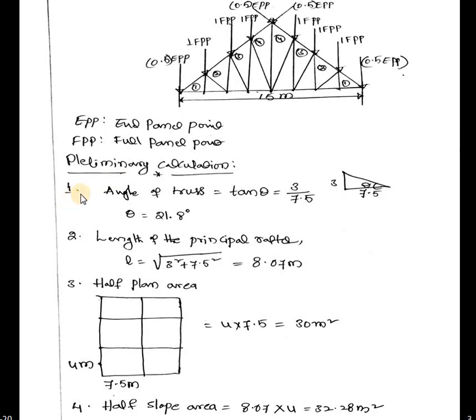Now this calculation is what we can call a preliminary calculation. Coming to the preliminary calculation, the first requirement is slope. We don't know what the slope is, how much slope we have to arrange. After knowing the slope, then you can easily provide the top chord. After providing the top chord and bottom chord, you can easily find this length, this height.